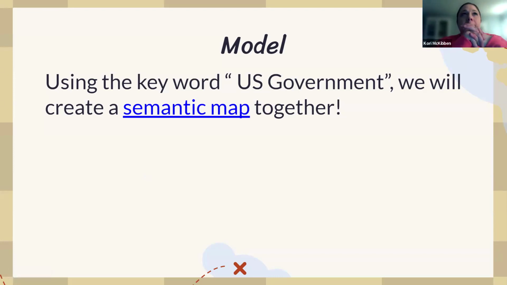So we could have judicial branch, legislative branch, executive branch. We could have the location, and then we could list out those very specific examples, such as Supreme Court. Under executive branch, you could have president, vice president.